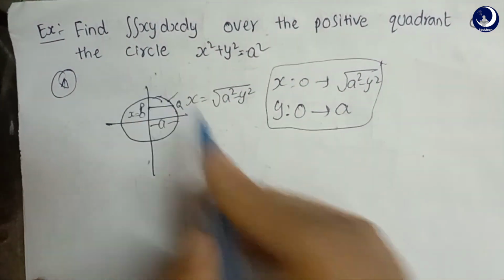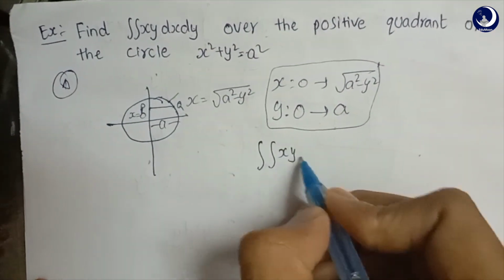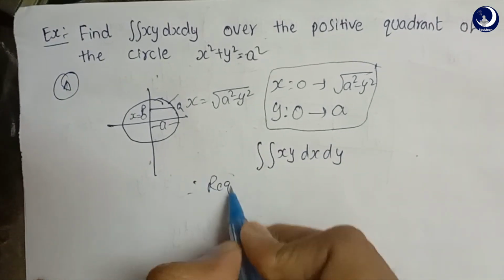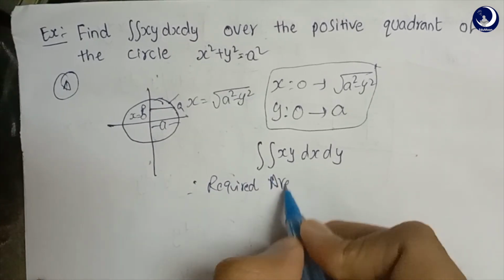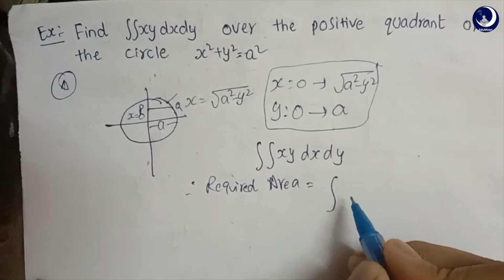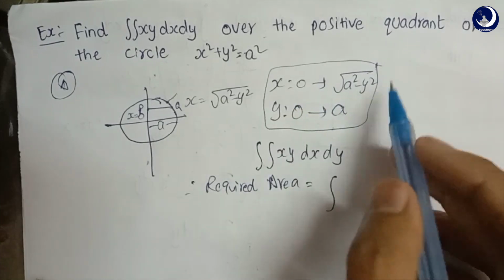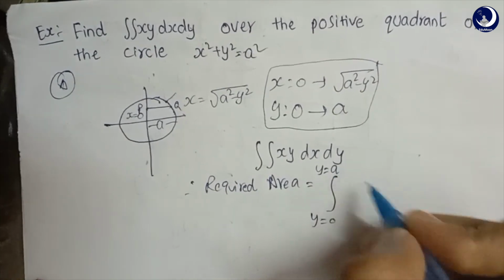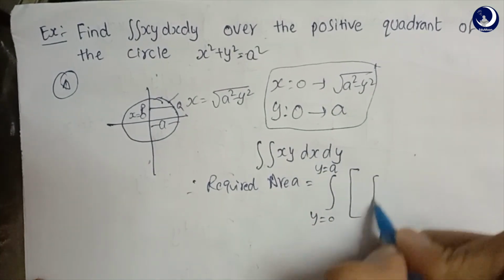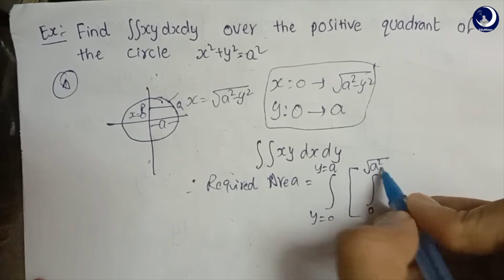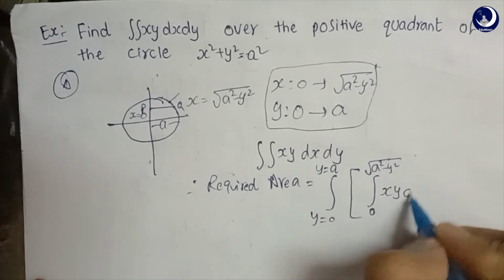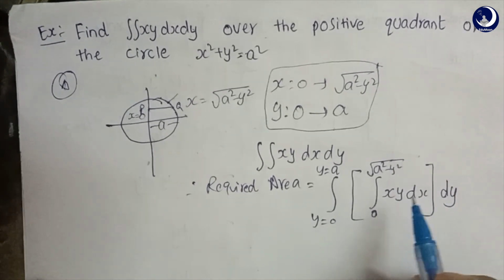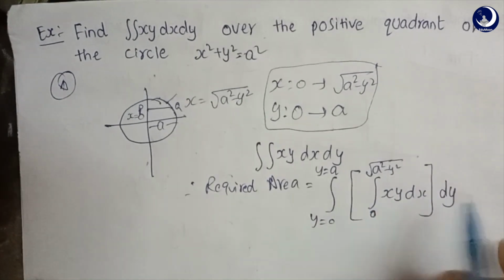So as we know, the given function is the double integral of xy dx dy. Using this, the required area equals the integral of, first we take x limits as variables, that means we must integrate the x limits first, after that we go to the y function.